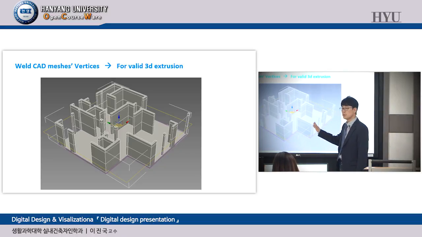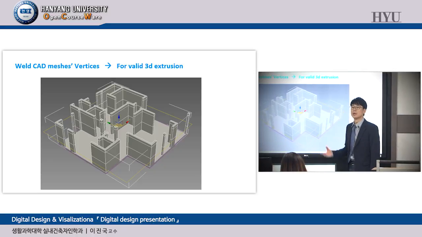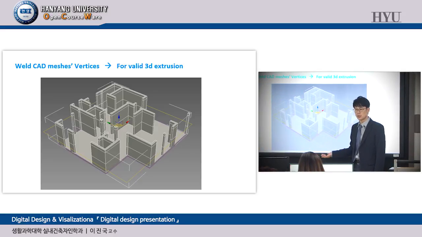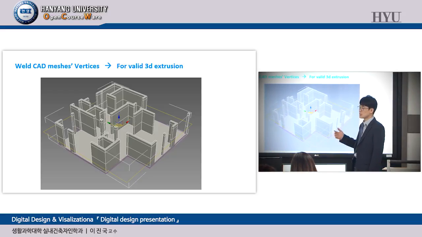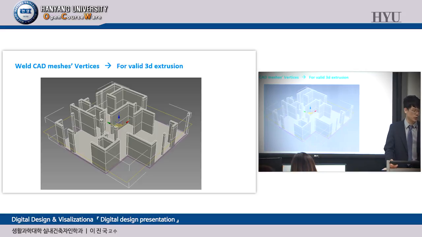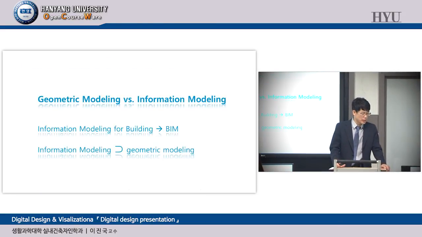Even if 3D Max is a surface-based 3D modeler, it doesn't matter. 3D Max anyway knows whether it's a valid definition in 3D or an unclosed section profile for 3D extrusion or something. Okay, let's quickly move on.